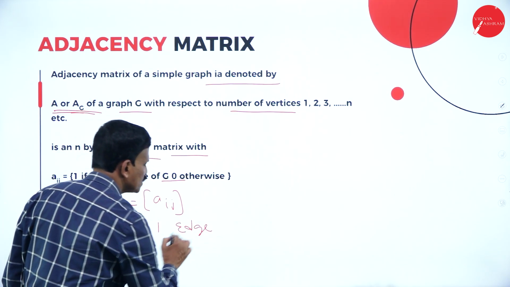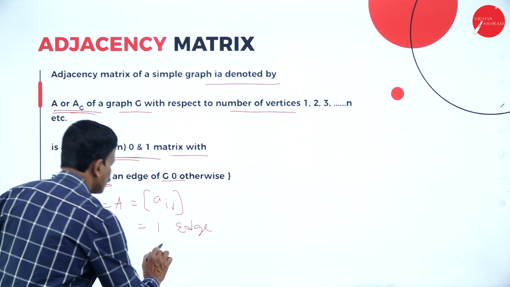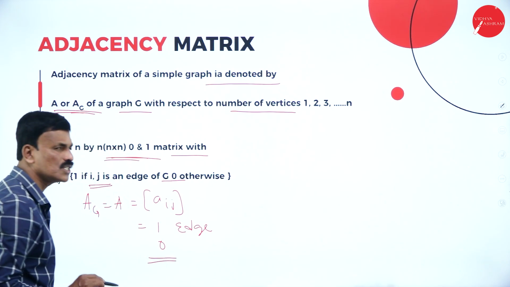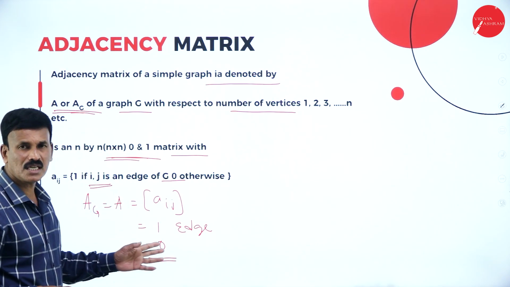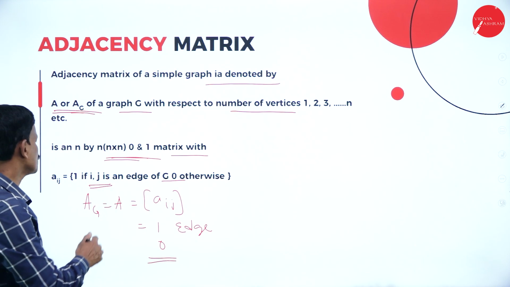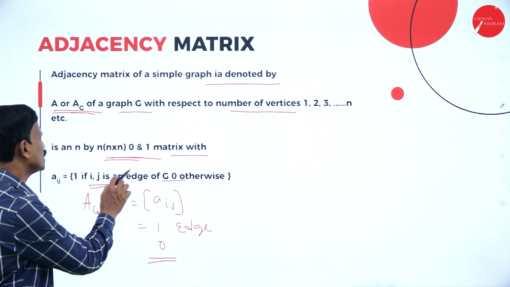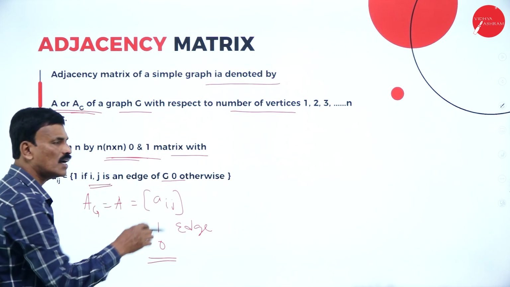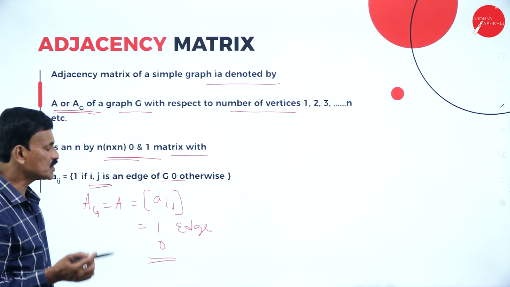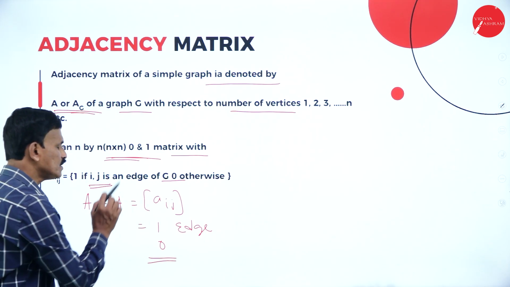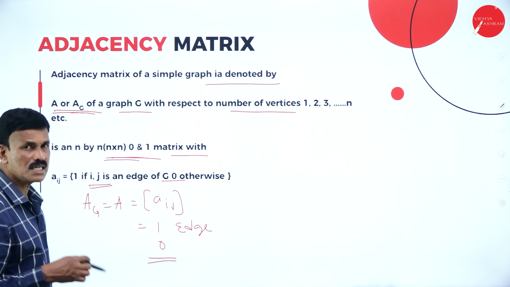If it is an edge, then it is equal to 1. Otherwise, we consider it as 0. Therefore, the elements in the adjacency matrix are 1 and 0.